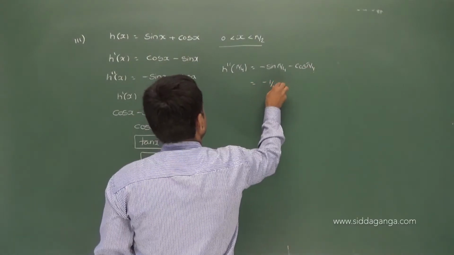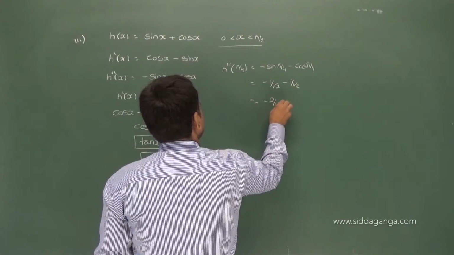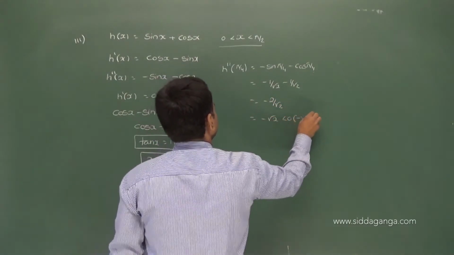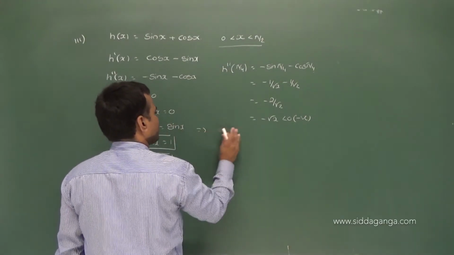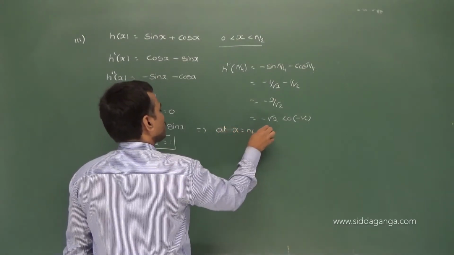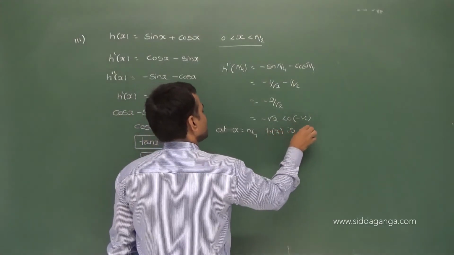Minus 1 by root 2 minus 1 by root 2, minus 2 by root 2, minus root 2, less than 0, negative. That implies x is equal to pi by 4, h of x is maximum.